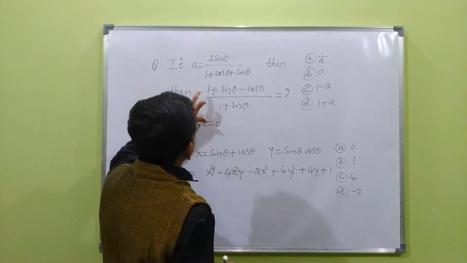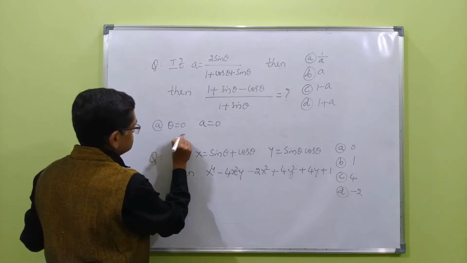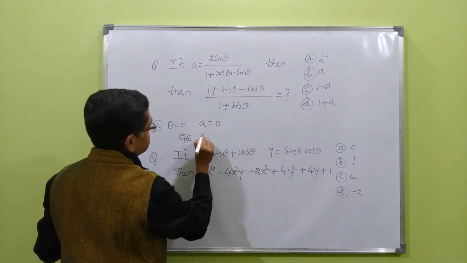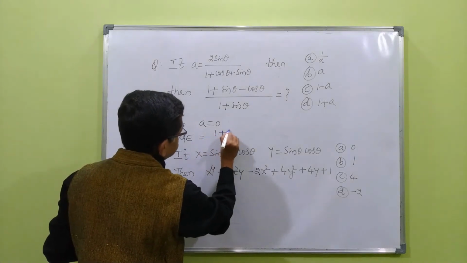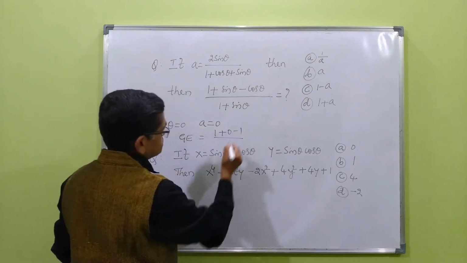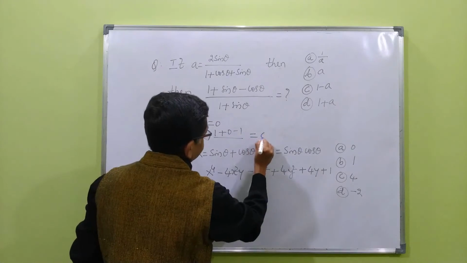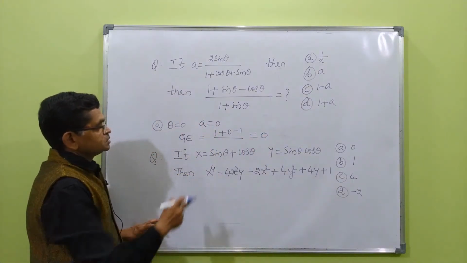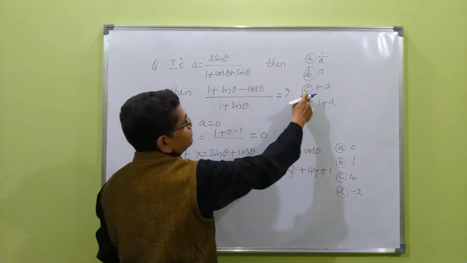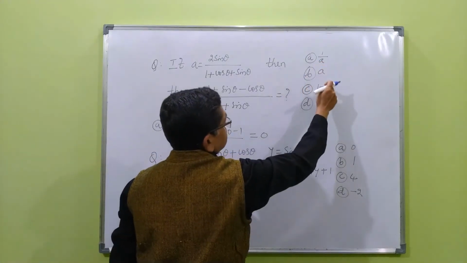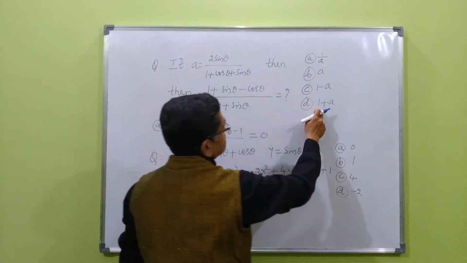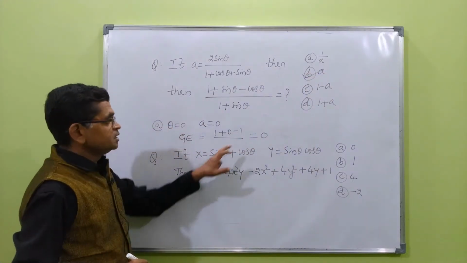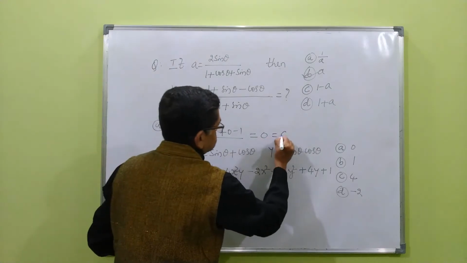Now the given expression is 1 plus 0 minus 1, 1 plus 0 minus 1. So this is again 0 because the numerator is 0. So the answer is 0. Among these, this is not defined, this is 0, this is 1 and this is also 1. So A is the correct answer. So 0 is A.